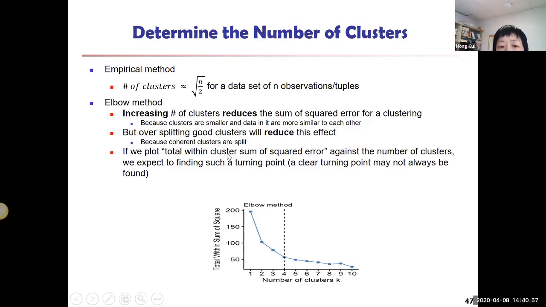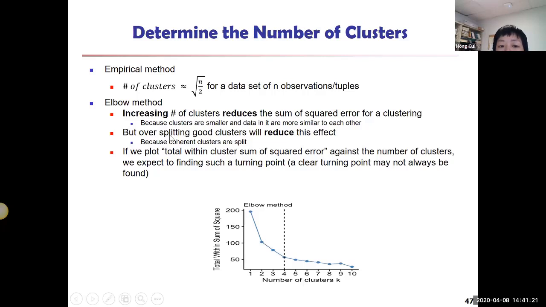When we increase the number of clusters, this total within sum of squares would decrease. The intuition here is that when clusters are smaller, they're tighter. The data in those small clusters are more similar to each other. Therefore, their sum of squares should be lower, and the total would also be lower.